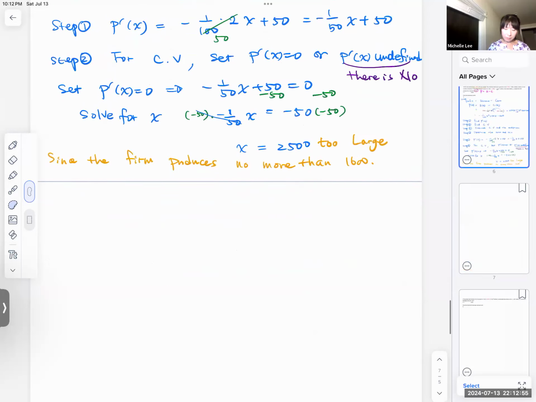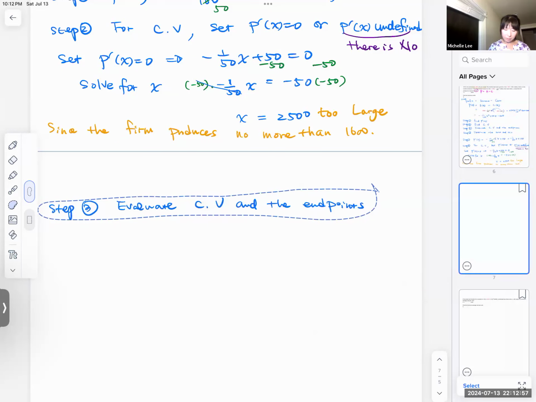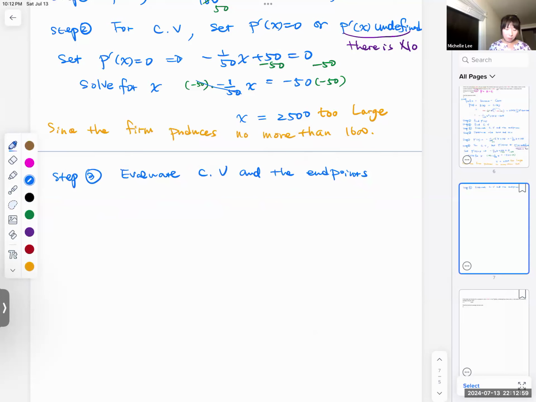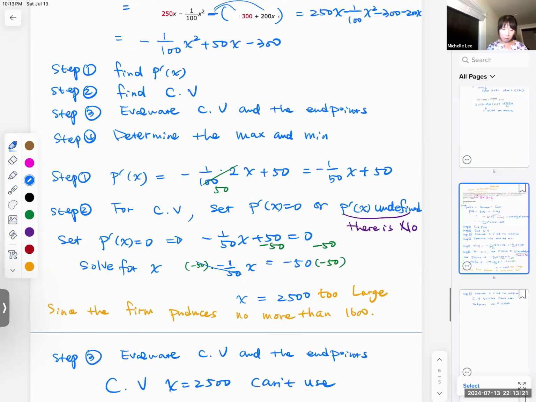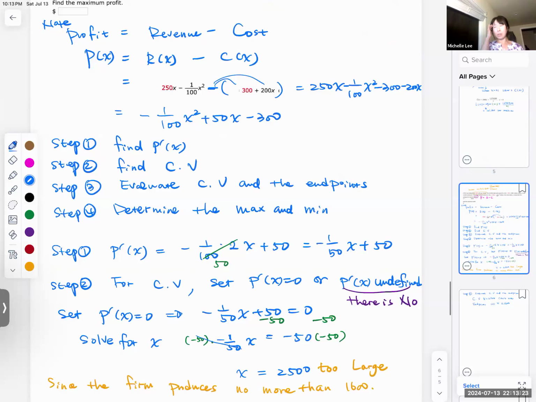Okay, so critical value x equal to 2500, we cannot use. So we have endpoint, x is between 0 and 1600. So let's use that, right? So what is the function? The original function, which is the profit function. So we will have this one.